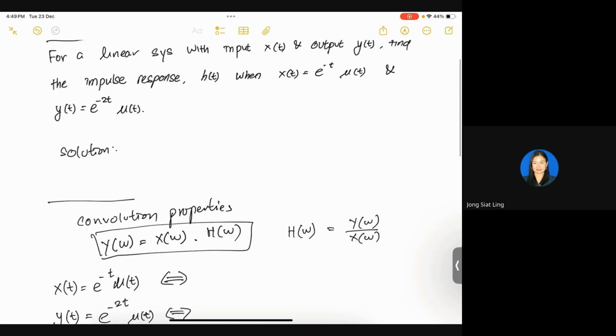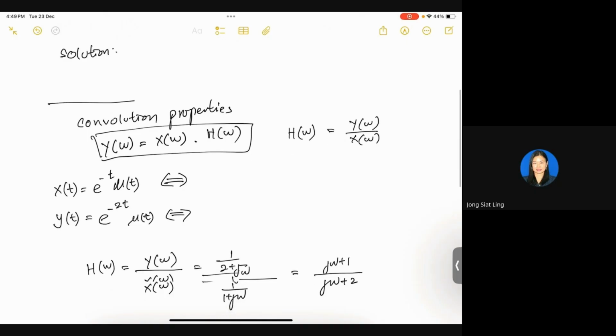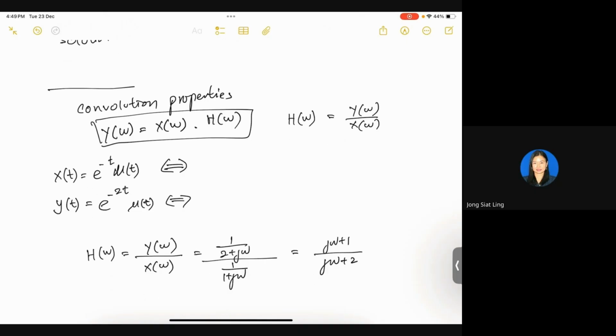Now for this question we can use the convolution property. Y(ω) equals X(ω) multiplied with H(ω). This is the convolution property; if we convert to the frequency domain, we use X(ω) multiplied with H(ω).